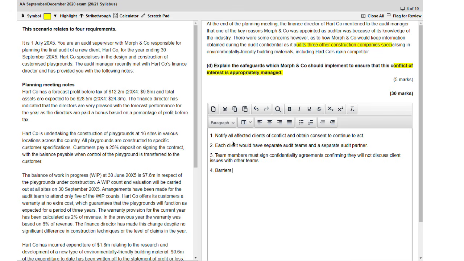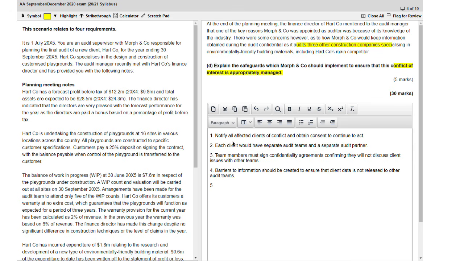So it's a phrase, barriers to information should be created to ensure that client data is not released to other audit teams. It's not James Bond, they're not trying to find out, but they might find out accidentally otherwise.